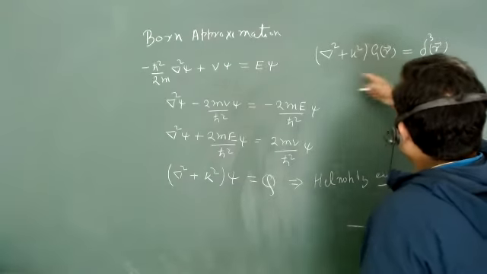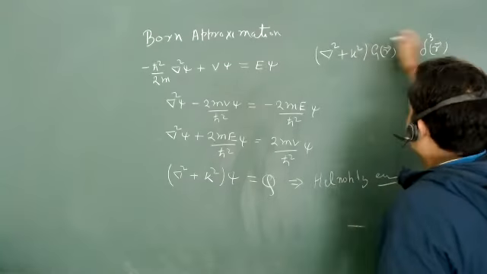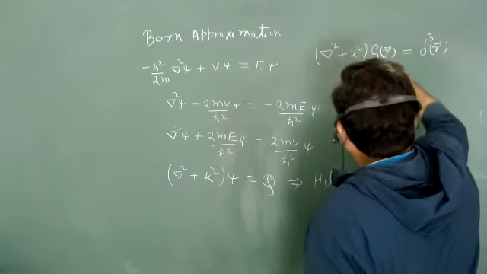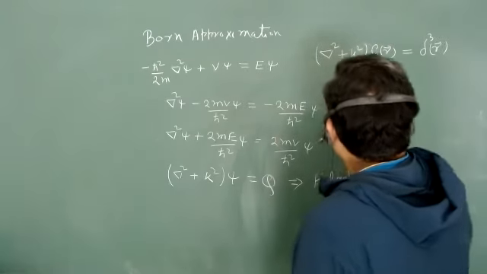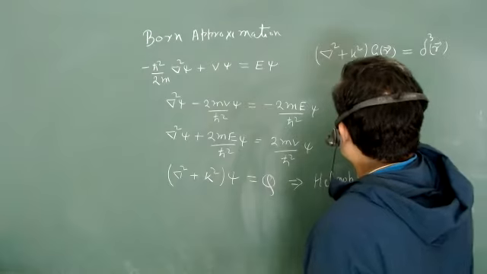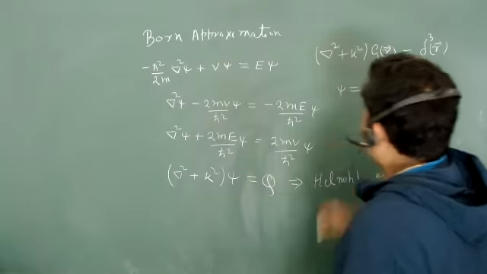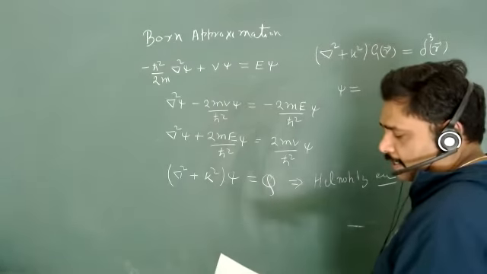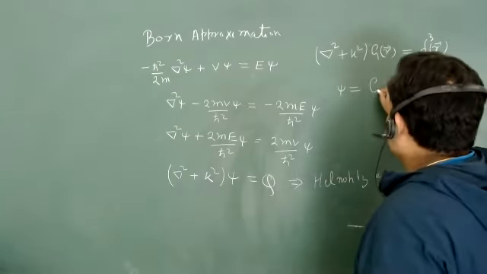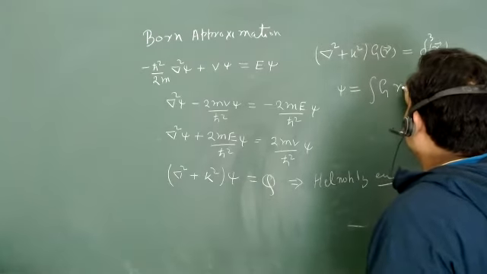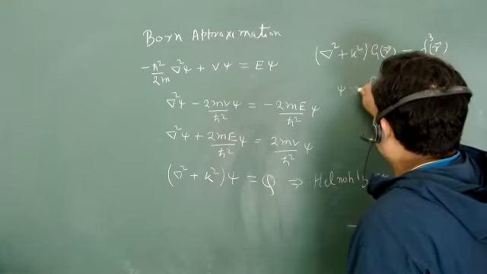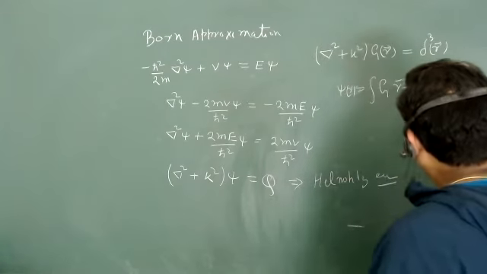If we solve this equation and find this particular G, then obviously the solution for psi can be written as an integration of the Green function G(r minus r naught), which is a function of r, times Q(r naught) d cubed r naught.